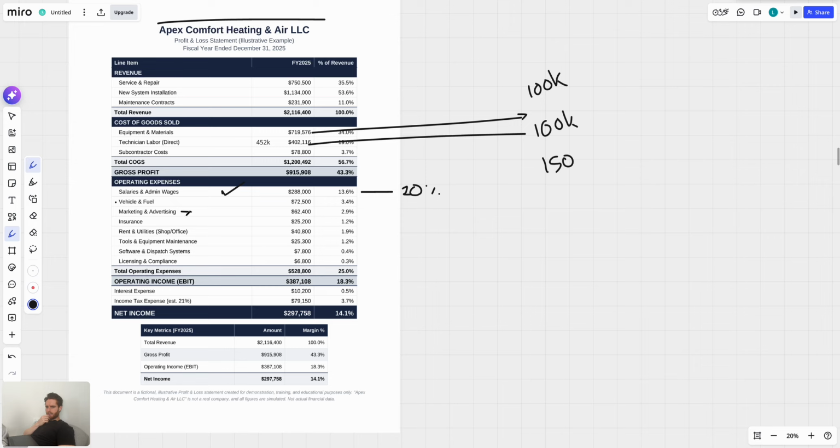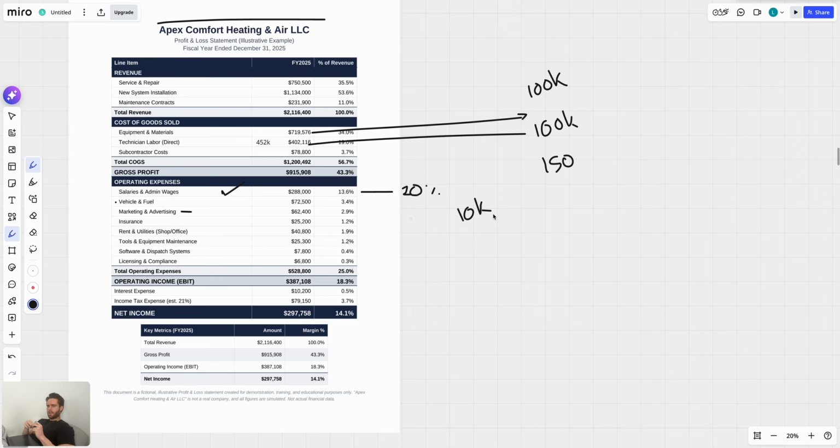Marketing and advertising. This is going to be an interesting one because let's just say they're using an agency, and that agency's retainer is 10k. In my experience, I spend over six figures a day on marketing, so I can say this with a lot of confidence: marketing agencies are generally full of it.